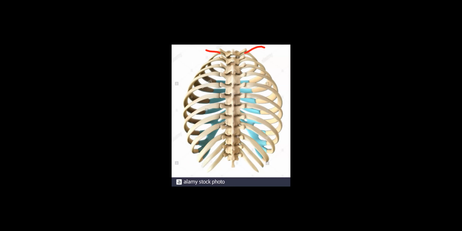First pair, second pair, third pair, up to the 12th pair. All these 12 pairs, 24 of them, are articulated to the vertebral column on a dorsal side. Their articulation on the dorsal side is with the vertebral column.